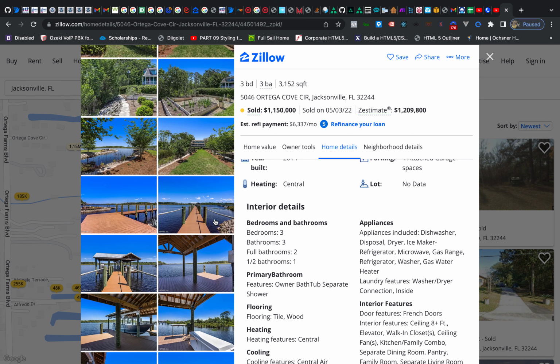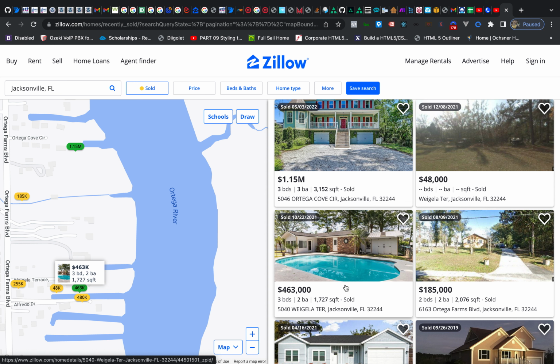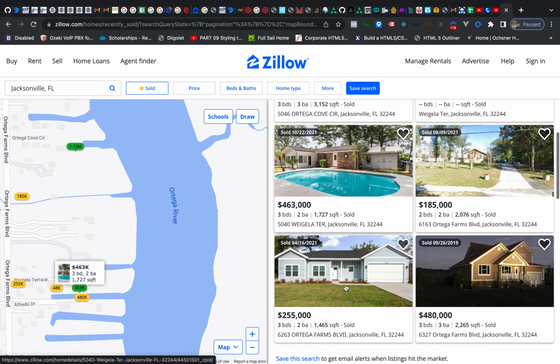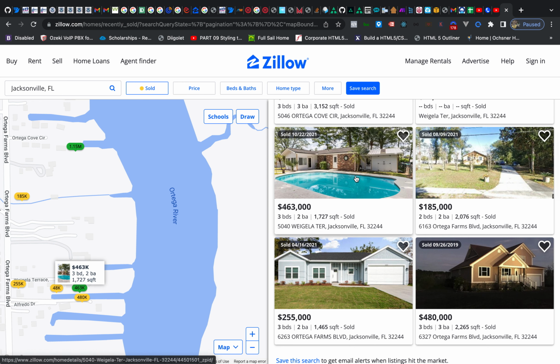But because it's located next to the water, this person sold it for 1.1 million. And this person has a lot of almost 3 acres, and they want to sell it at 600 grand.